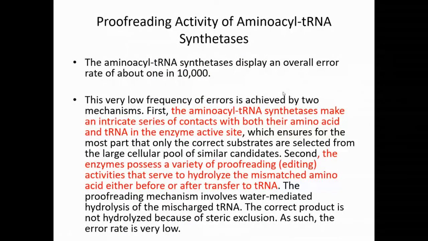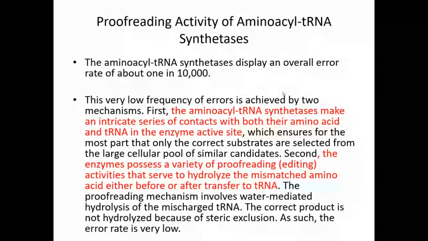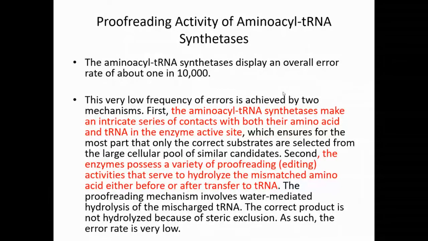And of course, there's also a proofreading mechanism to make sure the aminoacyl-tRNA synthetase brings the correct amino acid to the tRNA. So there are two mechanisms. The first one, the aminoacyl-tRNA synthetase makes an intricate series of contacts with both the amino acid and tRNA in the enzyme active site to ensure for the most part that only the correct substrates are selected from the large cellular pool of similar candidates.